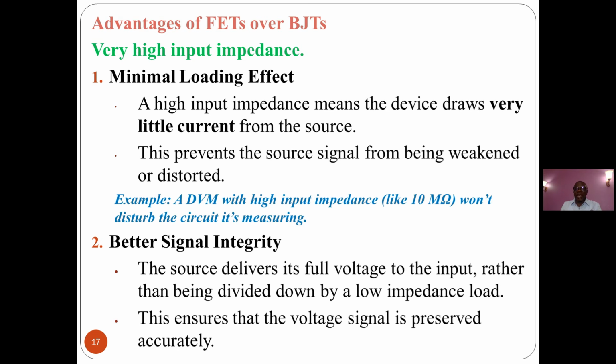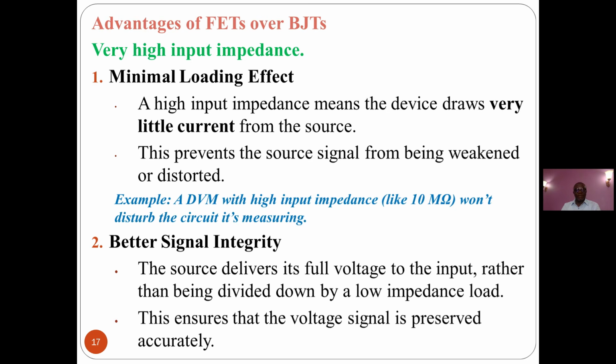So the value you measure will be exactly the value of the signal, because it does not draw its own current from the source. Minimal loading effect is the key advantage of any device having high input impedance.